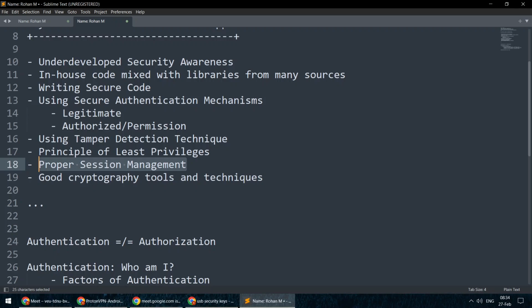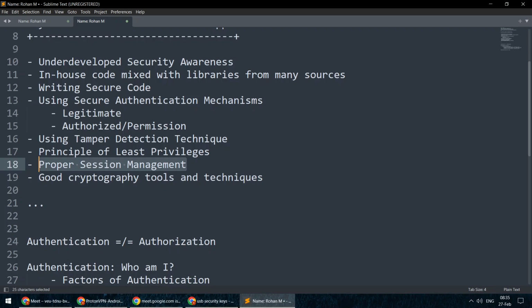Along with that, as a best practice, I would also suggest that you maintain a log of all of the session tokens, session identifiers that were assigned to the various users, so that in future, if anything goes wrong, if we have to investigate, we will be able to determine that in this request we have this session token, which user this session token is related to, and then we will be able to carry out further investigation.